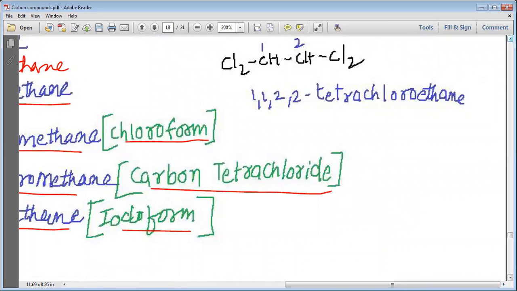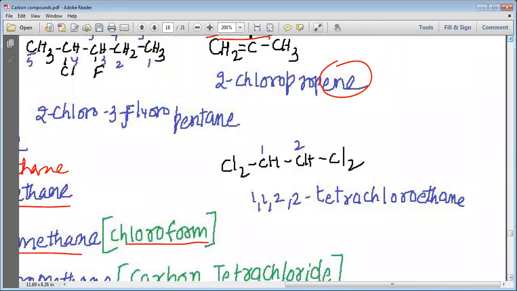Now we have the next compound to understand, my dear students, that we have CH and on both sides Cl2. See, this is CH, this is CH, and then you have 2 Cl bonded to the same carbon. You can even represent it in this manner.